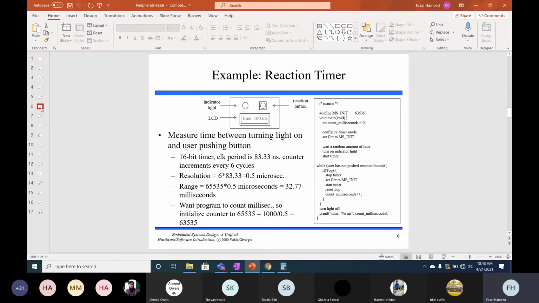When you reset the counter, it's just like turning the light on. So when you reset it and start the counter, it starts counting. And when you push the stop button, at that point it will stop counting. So think of the reaction timer as a stopwatch.